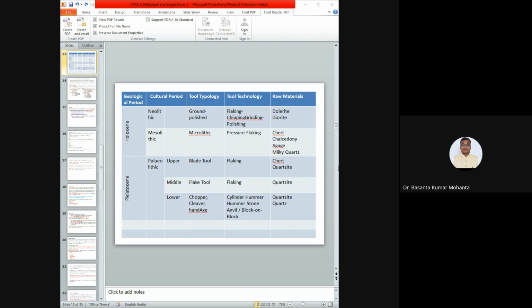As we already discussed, prehistory is divided into three major cultural periods: one is Paleolithic, second is Mesolithic, third is Neolithic. And again we divide them. But if we see the historical development of prehistory, we get different kinds of division. And in this context, we may discuss the concept of the three-age system.